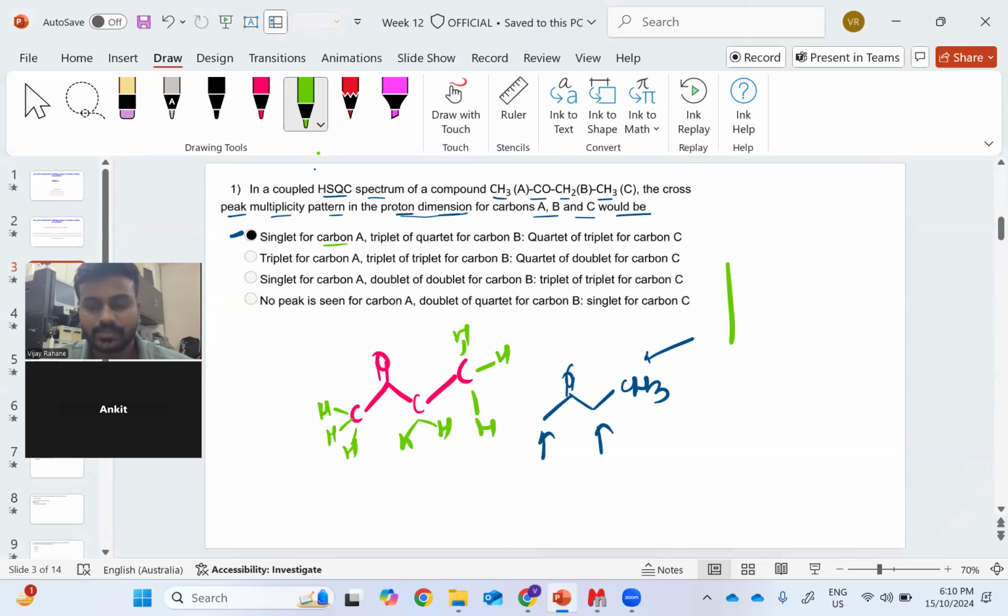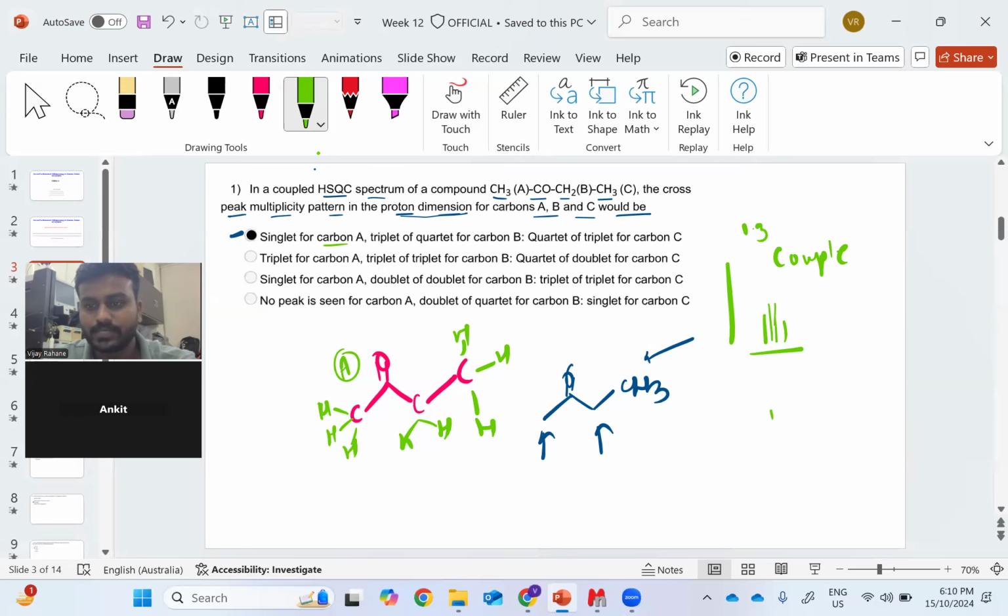In the 13C spectrum, we do it as a coupled spectrum. So in the coupled spectrum, for carbon A, we get a quadrate, right? Because there are three NMR active nuclei adjacent to this carbon.